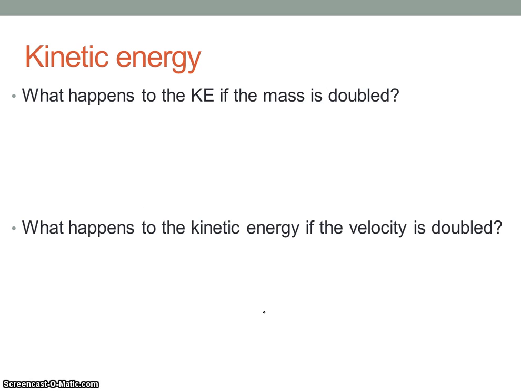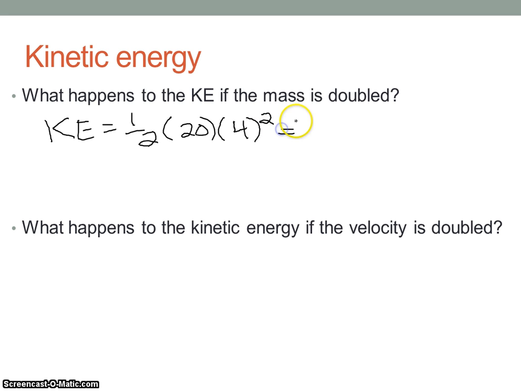Well, let's look at what happens if you change some of the quantities involved. All right, so what if you have a microwave oven that's twice as massive? So we can look and see that 4 squared is 16.